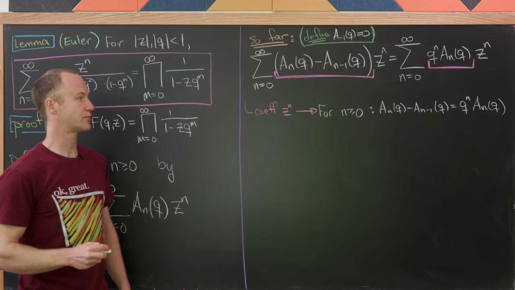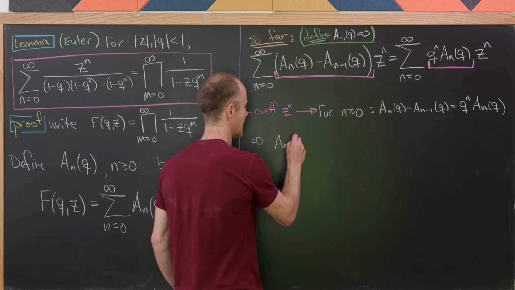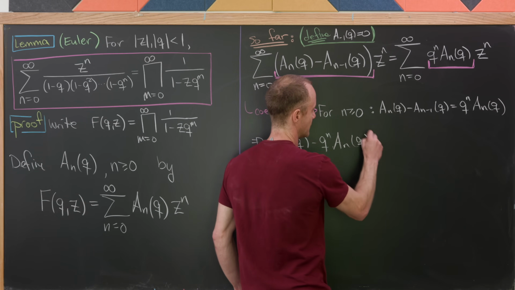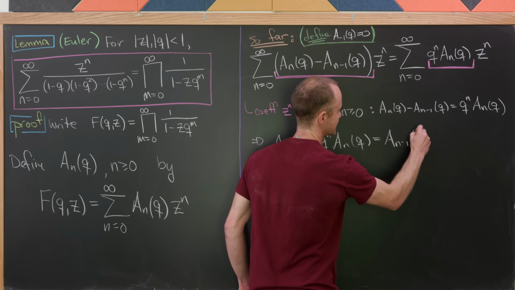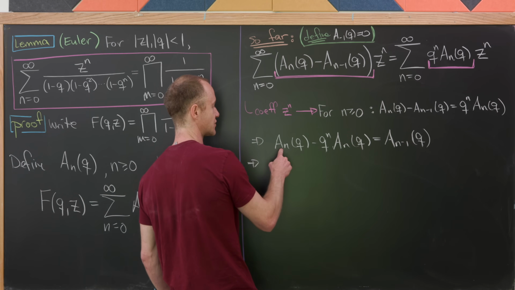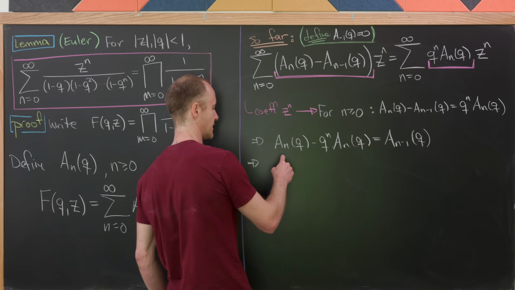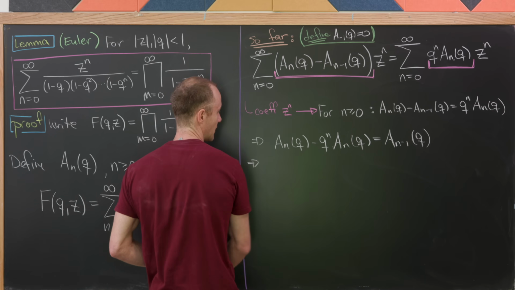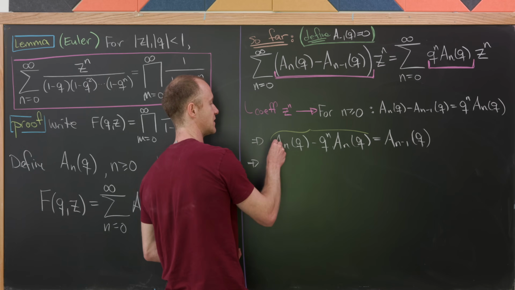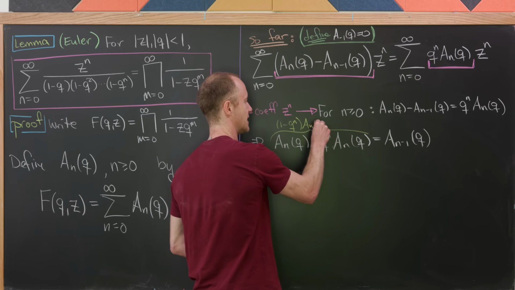Now what we could do is pretty easily solve that for a_n(q). So we'll have a_n(q) minus q^n a_n(q) is equal to a_{n-1}(q). In turn, we can factor a_n(q) from the left-hand side of the equation. Let's really spell this out. Factoring this a_n(q) out, we'll have 1 minus q^n times a_n(q).